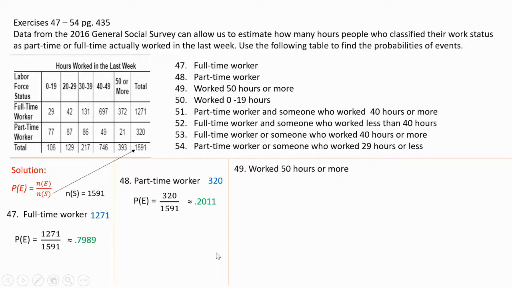Okay, now number 49. Work 50 hours or more. So 50 hours or more is here. So we go all the way down. It's going to be 393. So the probability of the event is going to be 393 over 1591, which approximately will be 0.2470.